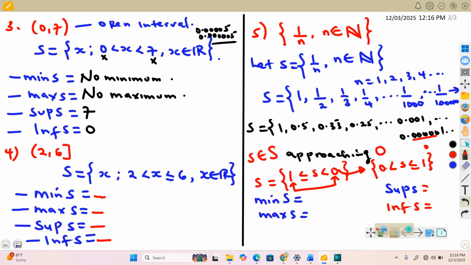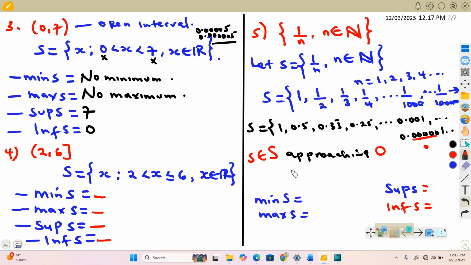So what will be the smallest value? It should be written as S is in this range here.